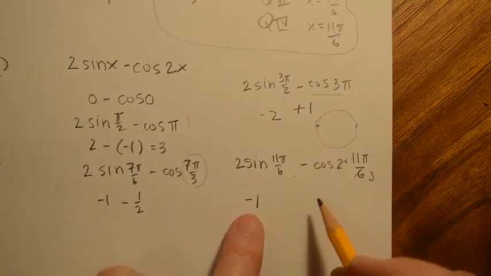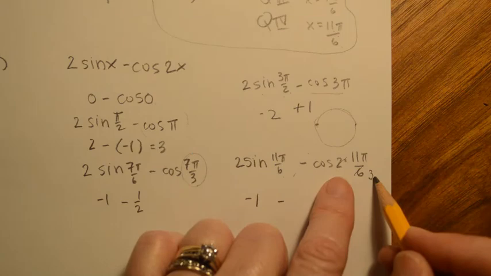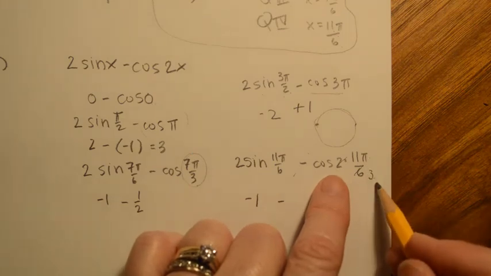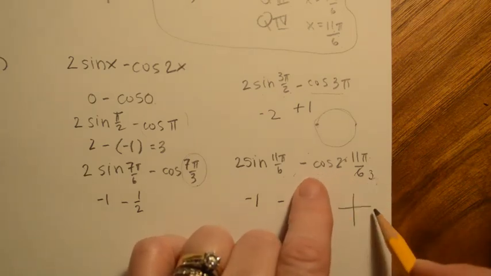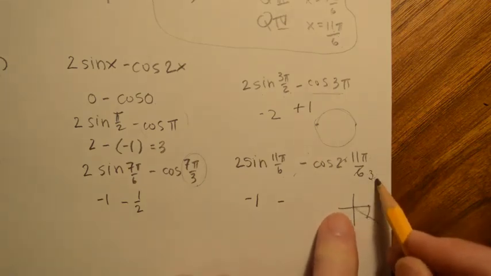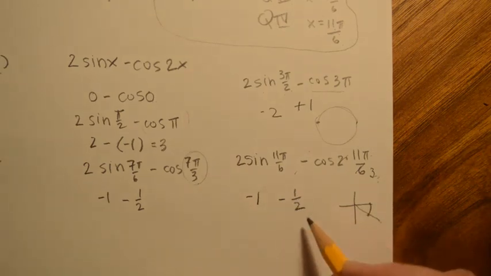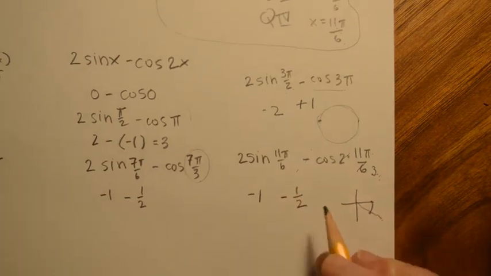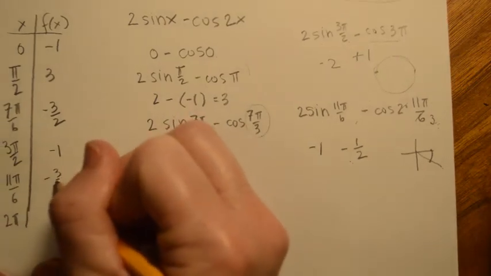So minus, 11 pi over 3 is, let's see, if it were 12 pi over 3, that would be 4 pi, which is the same as 2 pi. So it's actually back here. We're just 1 shy of 12 pi over 3, so that takes us back here. Quadrant 4, cosine is positive, so this is a +1/2. Again, that minus comes from the equation. So we end up with -3/2 again.